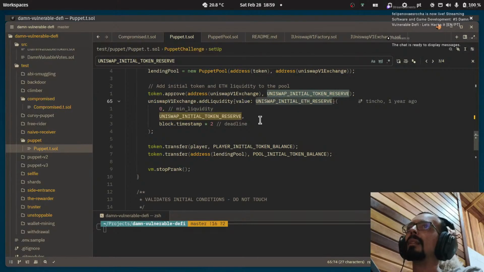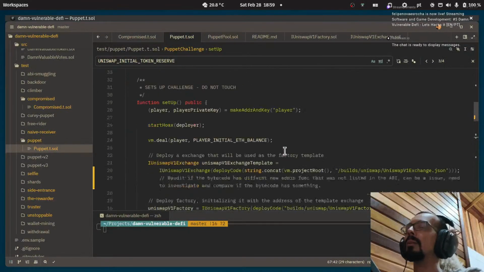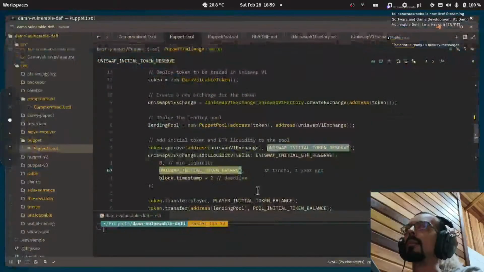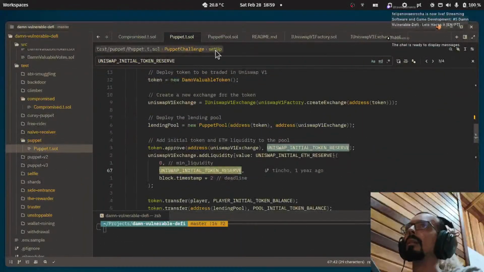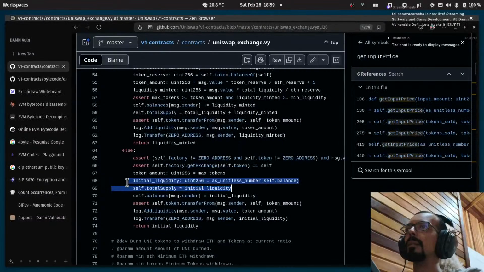So they have 10,000 Ethereum and they have 10,000, sorry, 10 Ethereum and 10 something. So the initial liquidity total supply is just the balance the first time.